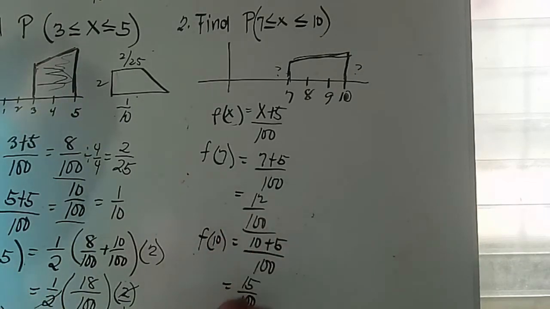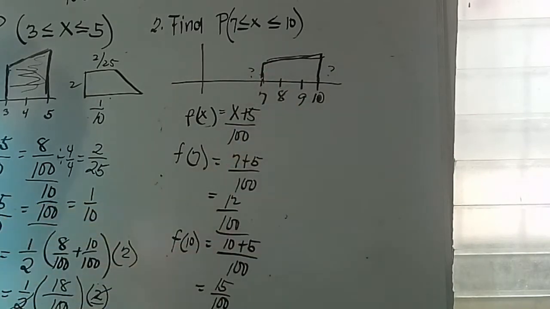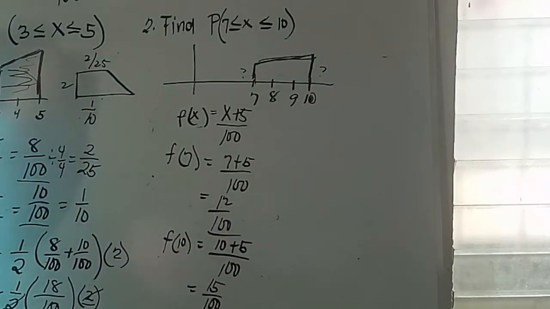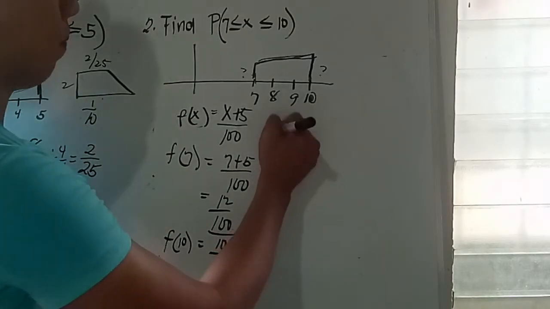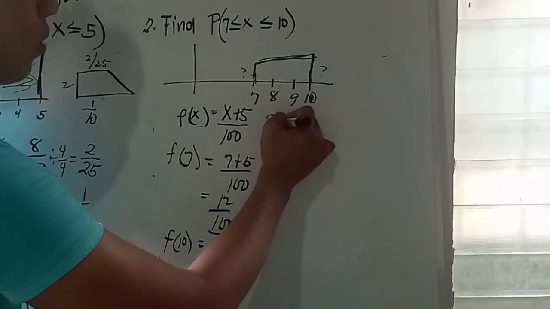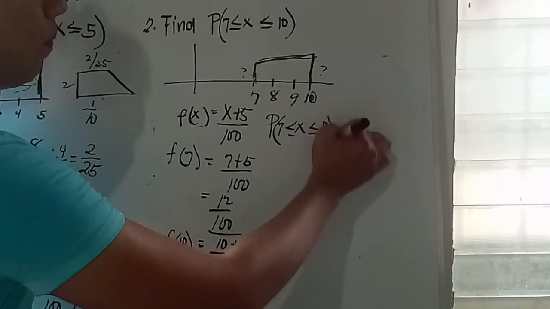So these are the two heights: this is 12 over 100 and this one is 15 over 100. So we can now solve the area where x is greater than or equal to 7 but less than or equal to 10.